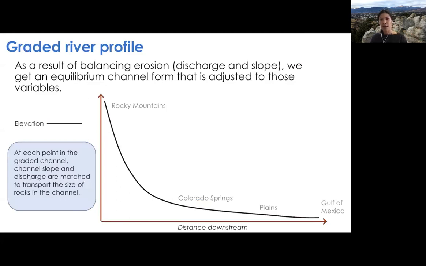So what we're looking at in this is called a longitudinal profile. And we're simply looking at a side view of the river, starting with its elevation up at the headwaters and looking at its elevation as we go downstream all the way down to base level. So for rivers like the Arkansas, the Rocky Mountains would be over here.